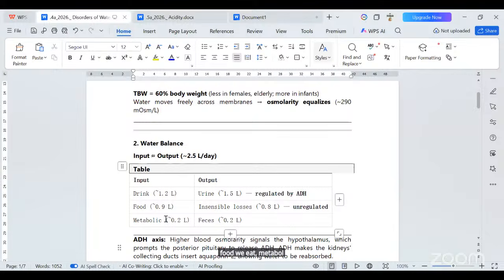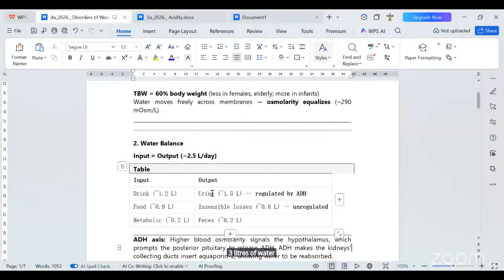Metabolic processes take place all of the time. As long as the person is alive, the body is in a constant metabolic state. So we drink 1.2 liters. In food, we take in about 9 liters. And through metabolism, the body gets about 2 liters of water.